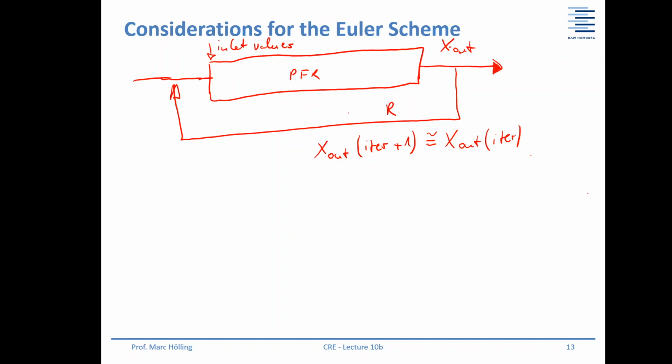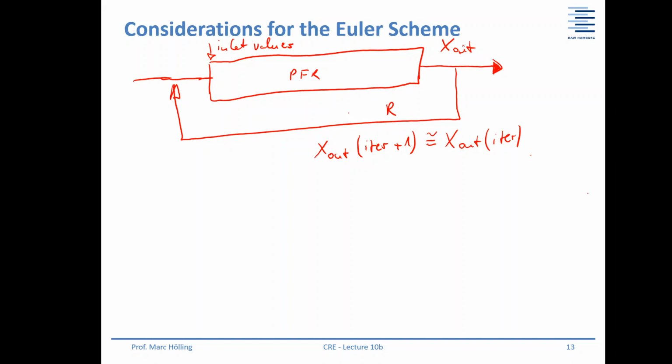This means I calculate my conversion here, and then I always check how it is in my current iteration and how it is in the iteration before. And if they are the same, then I stop my iteration and say, okay, now I have a converged system. If I have a difference between my old outlet conversion and my new outlet conversion, then I have to make another iteration loop until I get a constant value for the conversion value here.